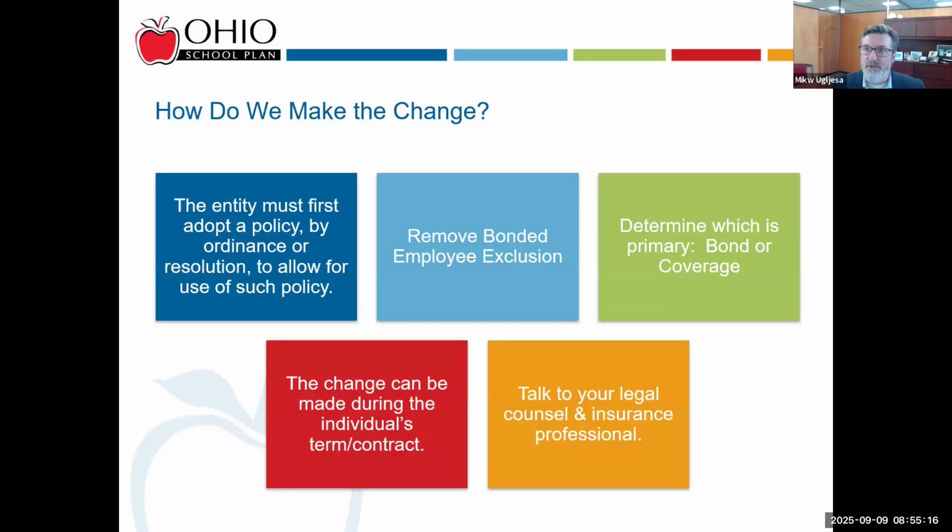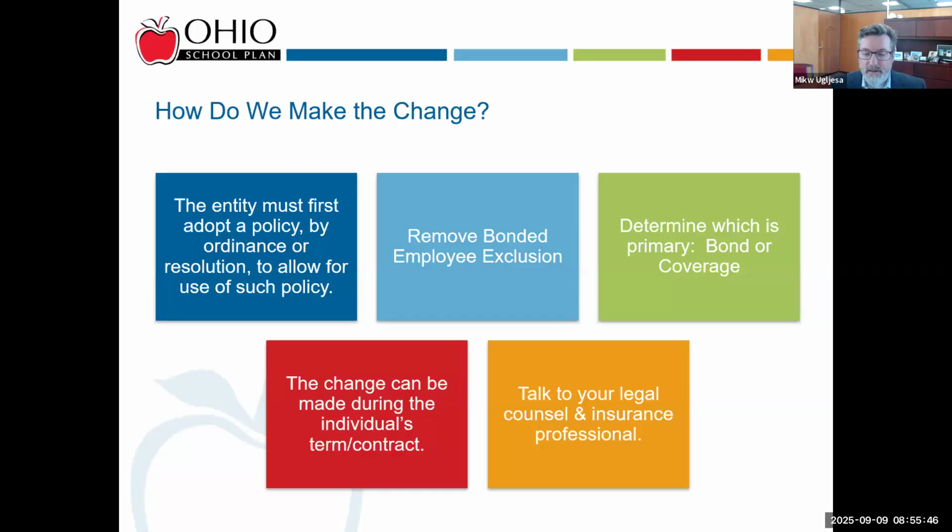And then we certainly recommend you talk to your legal counsel and your insurance professional, because there is a little bit of an inherent conflict in this conversation, right? As board members, you're looking at protecting the school's assets as well as you can, as is the treasurer and superintendent and business manager. However, there's that element of personal responsibility that is in play when bonds are utilized.